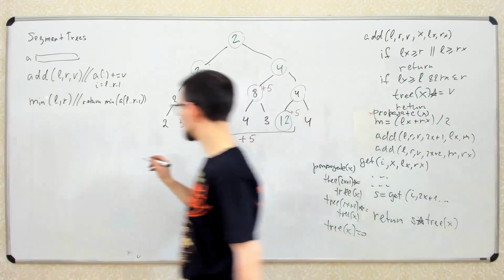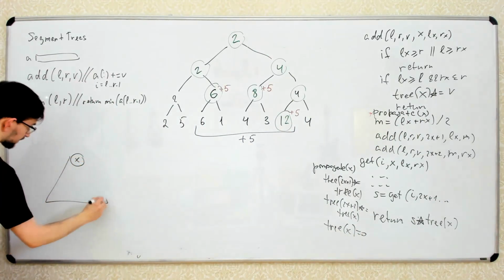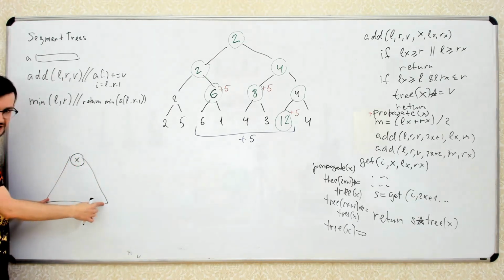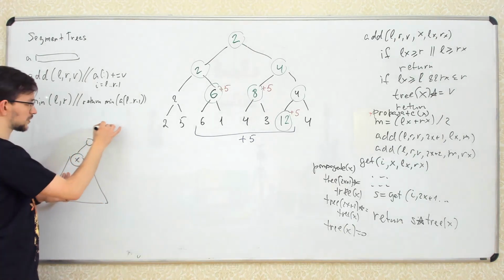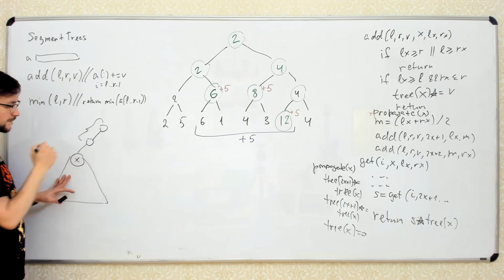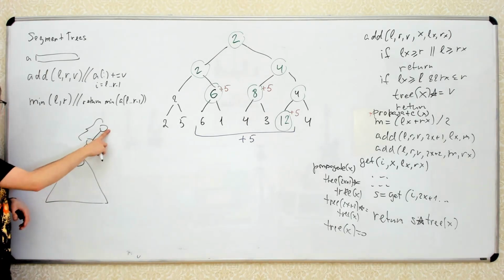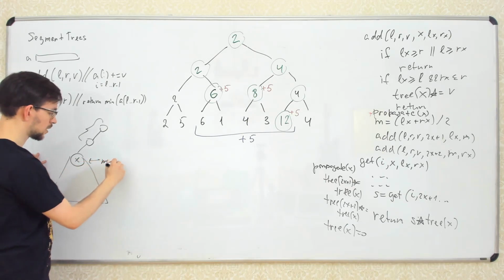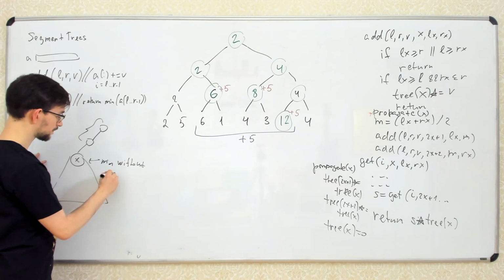So in some node x, you maintain the minimum on this segment, but without all the operations above. Above this x you have some more operations, and this minimum does not include these operations above this x. So here you have the minimum without operations above.